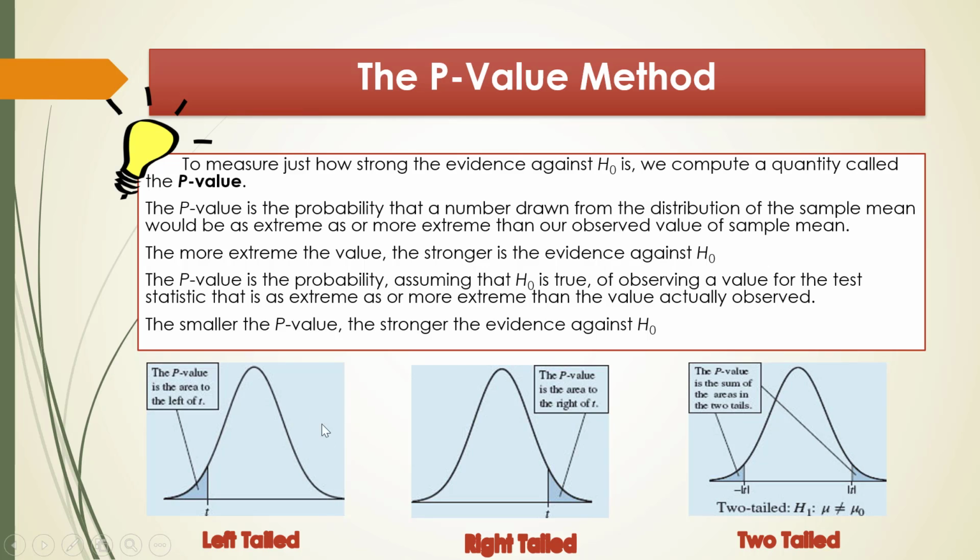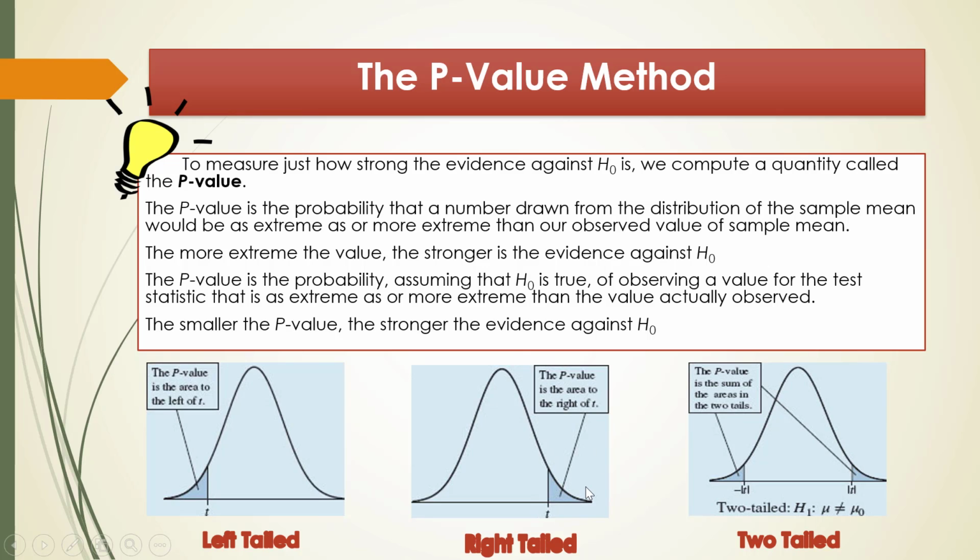So for the p-value method, we have to compute a quantity called the p-value. If we have a left tail test, we mark the test statistic on the picture. This is the student t curve. So the p-value is the area to the left of the test statistic under the student t distribution curve.